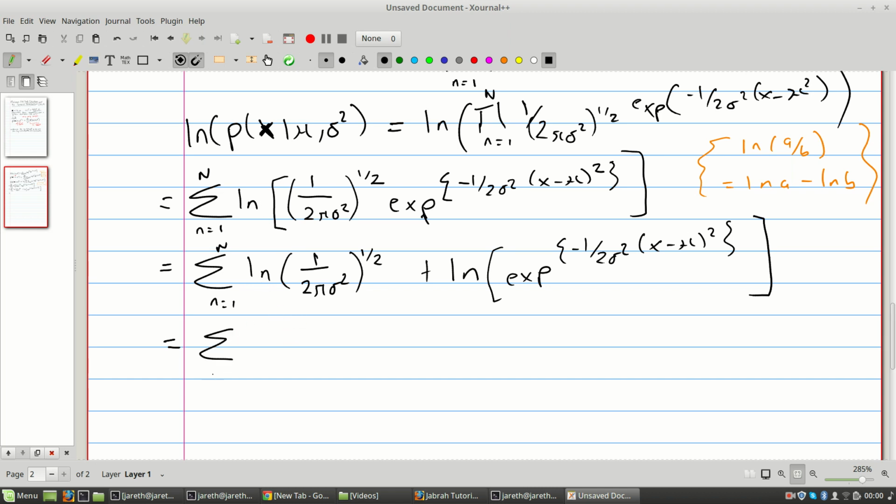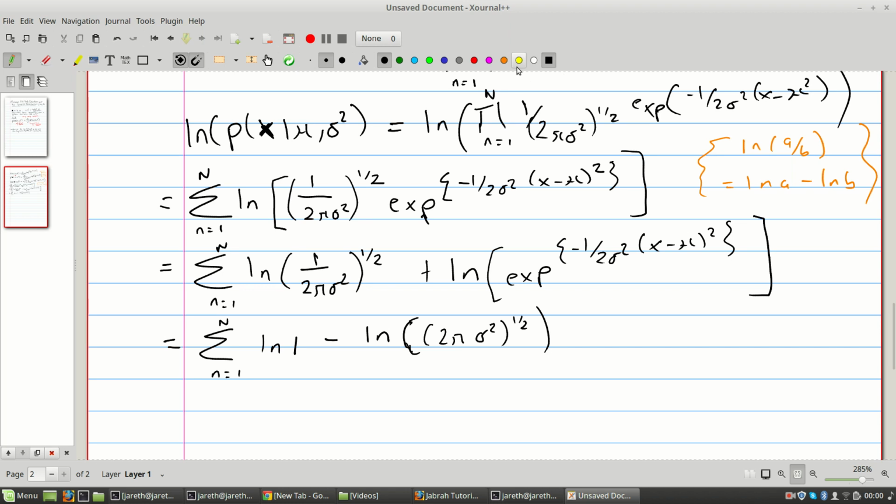This is the summation from n equals 1 up to n of ln 1 minus ln of 2 pi sigma squared to the power of a half, right? And then the ln of an exponent of a value is just that value.